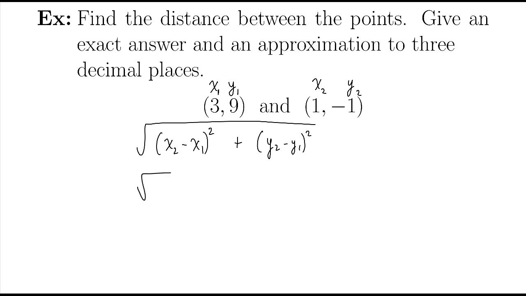All right, so then x2 is 1, minus x1 which is 3, close that up, squared, plus y2 which is -1, minus y1 which is 9, square that.